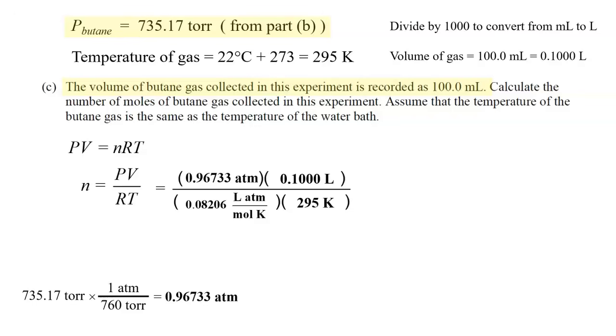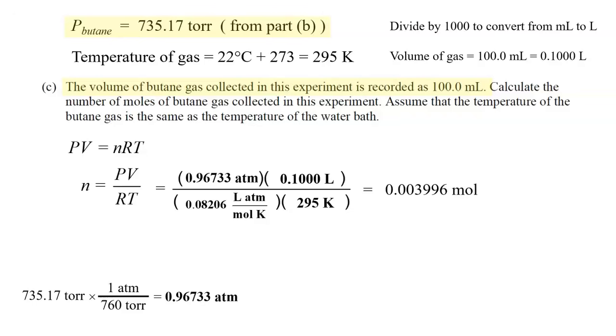So the answer to part C is the number of moles of butane gas: 0.96733 times 0.1 divided by 0.08206 divided by 295.